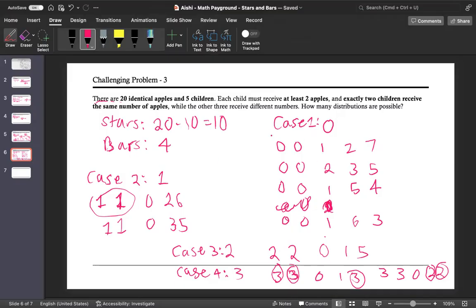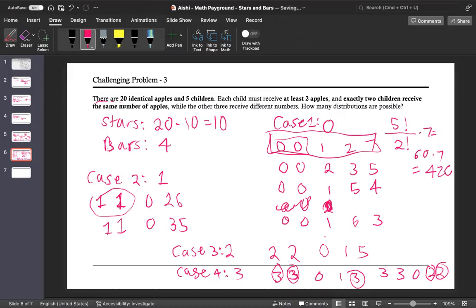And we know that these 2 objects are the same. So that would be 5 factorial divided by 2 factorial. And this is just for 1. So we'd have to multiply by 7 because we found 7 cases. And that would give us a total of 60 times 7, which is equal to 420 ways.